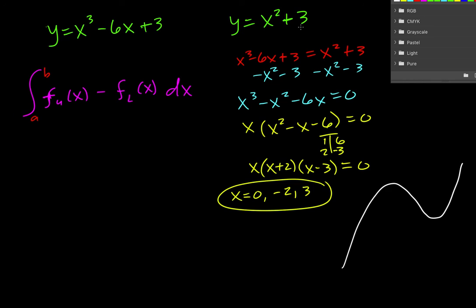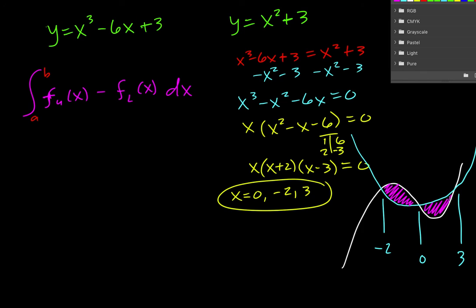And then this one is a parabola, and the parabola probably does something like that, since it crosses 3 times. And so this point is going to be negative 2. This point is 0. And this point is 3. So my guess is it's above right here and it's below right here.